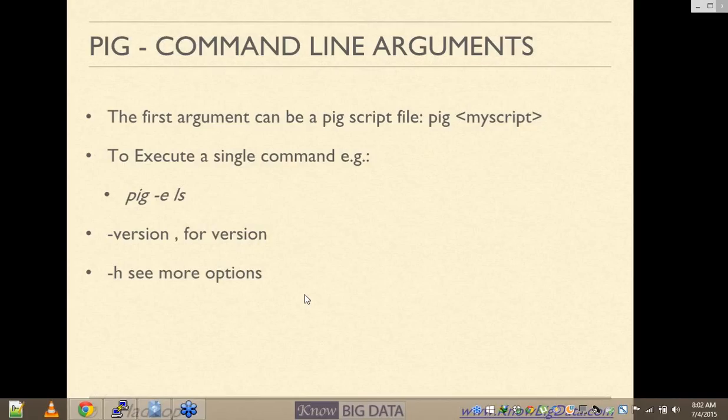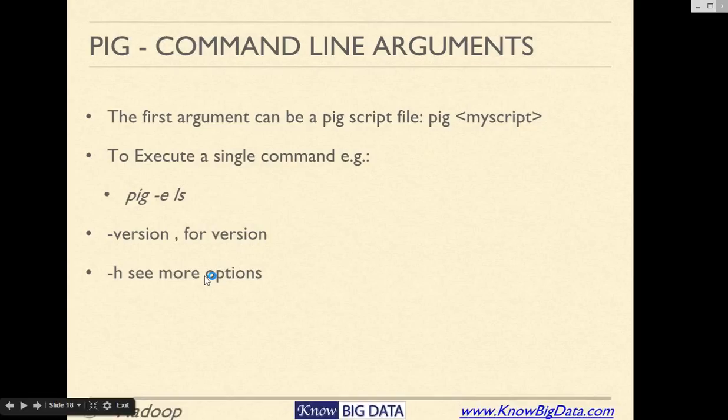Suppose your file is called wordcount, so you say pig wordcount.pig, and it's going to run your Pig script. If you want to execute a single-line command, you can also say something like pig -e instead of going to the command prompt. You can check the version of Pig installed on your machine by saying pig -version, and for more options you can say pig -h.